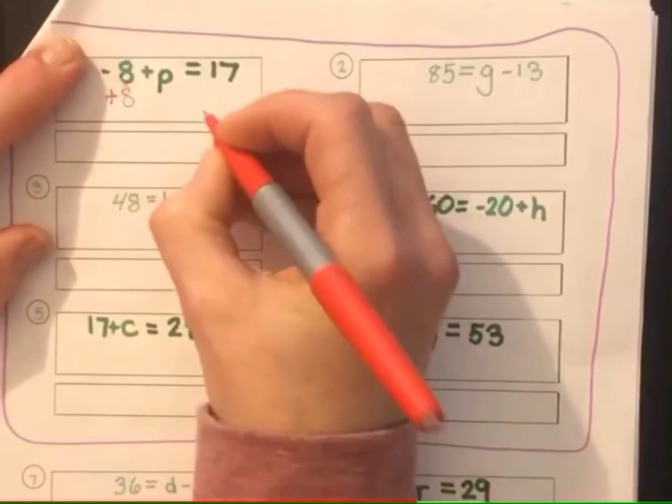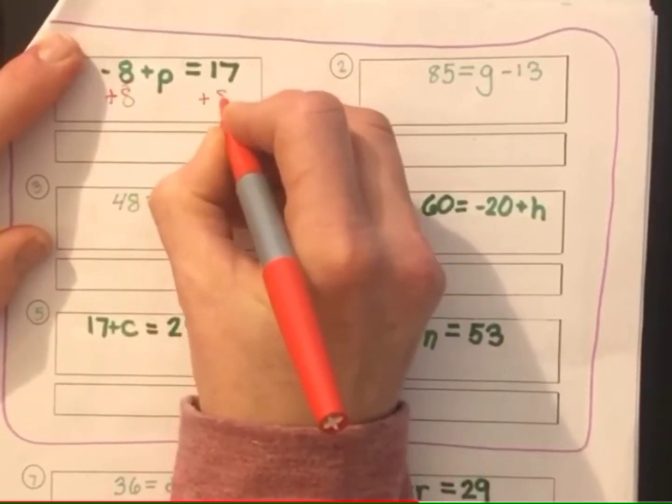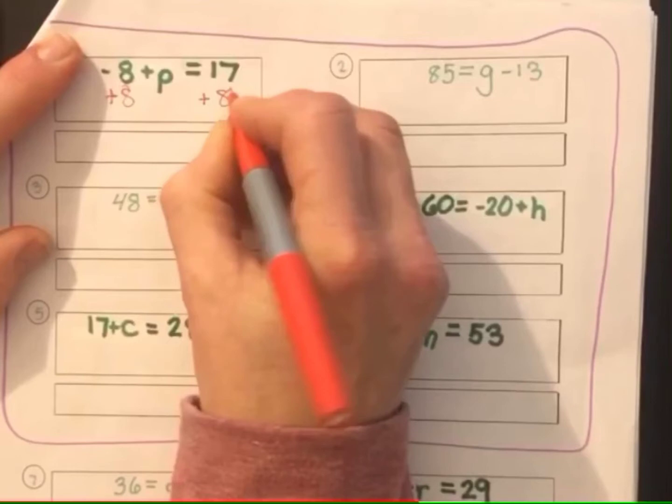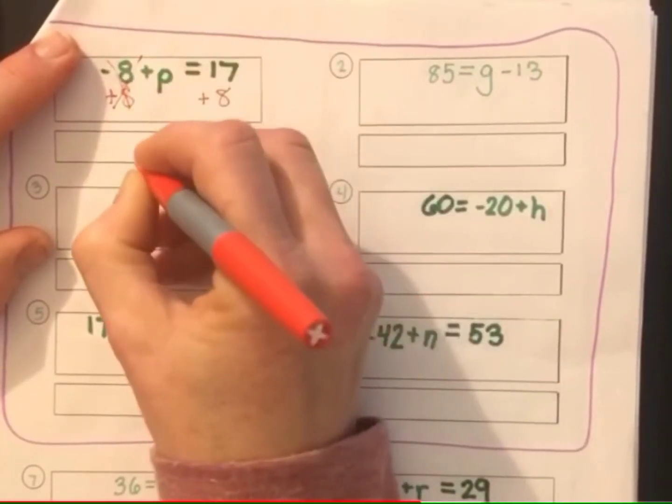So to get p all by itself, we'll add 8 to that side. And because this is algebra, what you do to one side, you also do to the other. So we add 8 to both sides. Now we add up each side. -8 plus 8 gets rid of the 8.